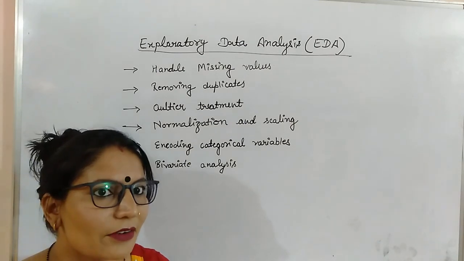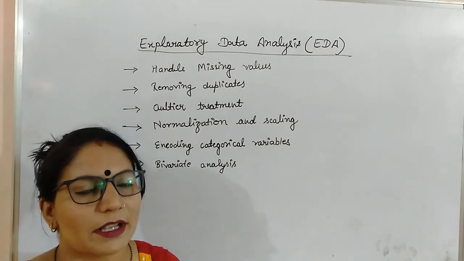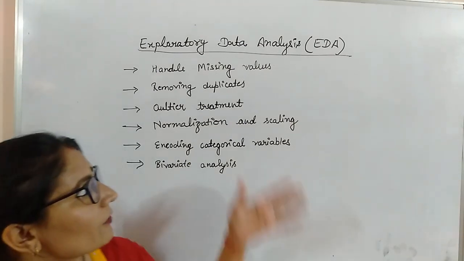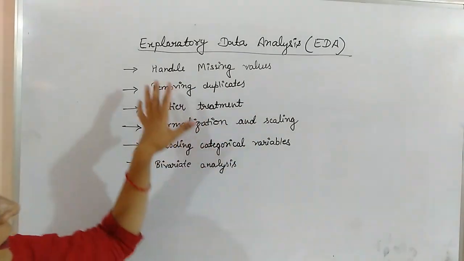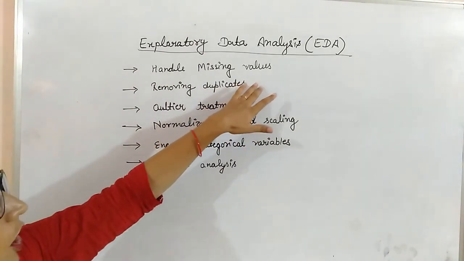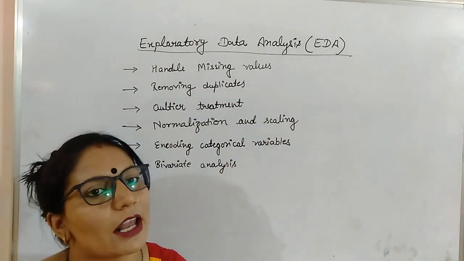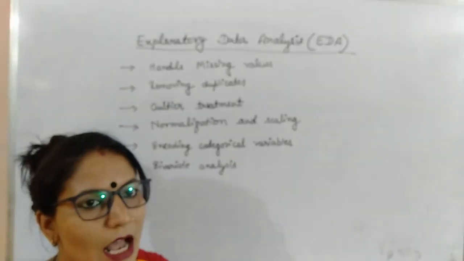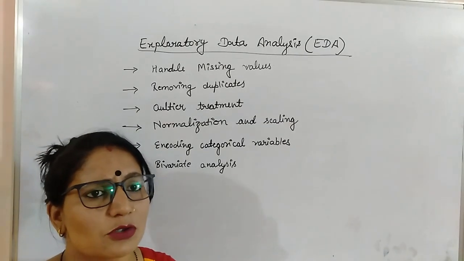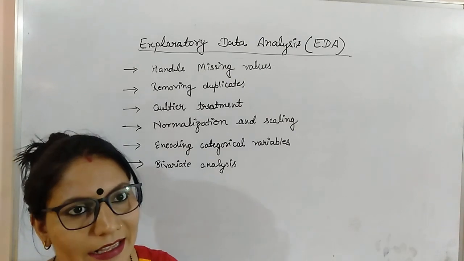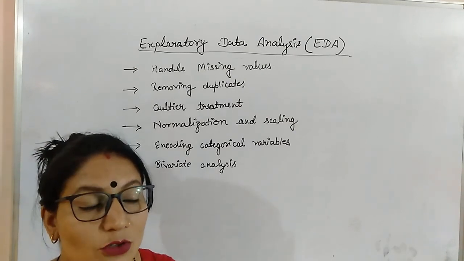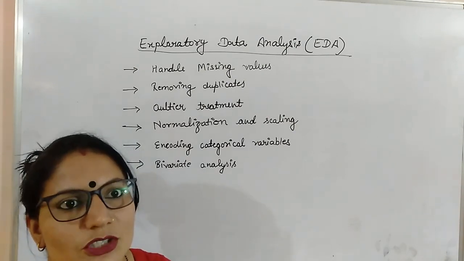Now, what are the several techniques that we use to perform exploratory data analysis? I have written all the techniques here, and I'll be discussing them one by one. First of all, we talk about handling missing values. Let's say we have data with multiple missing values, and those missing values can be numerical as well as categorical. So how do we deal with this situation?